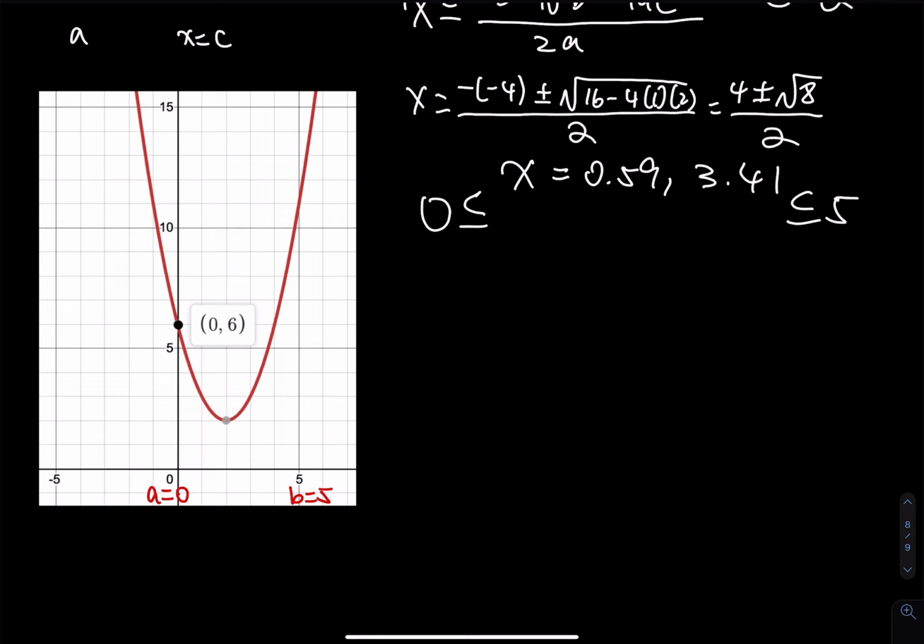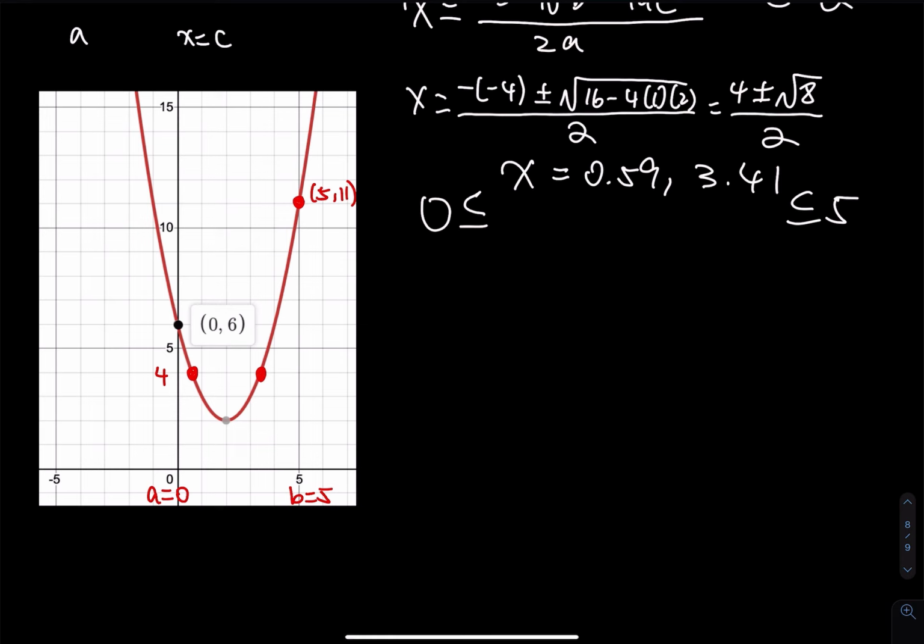When x is equal to 0, we have 6. When x is equal to 5, we have 11. So this is 5 comma 11. And then we want to find out what happens when y is equal to 4. So when y is equal to 4, we have 2 points, one over here and one over there. So by the intermediate value theorem, there exists a c value.